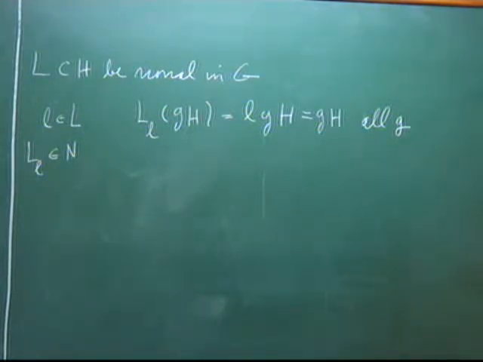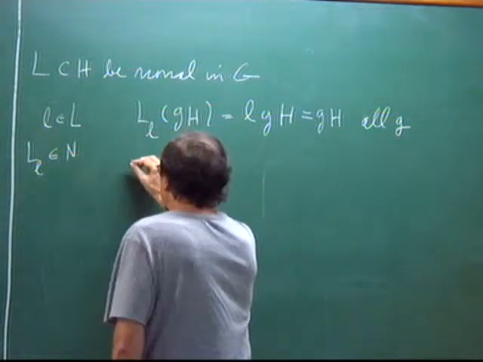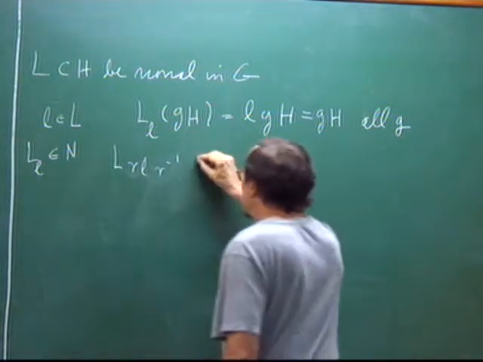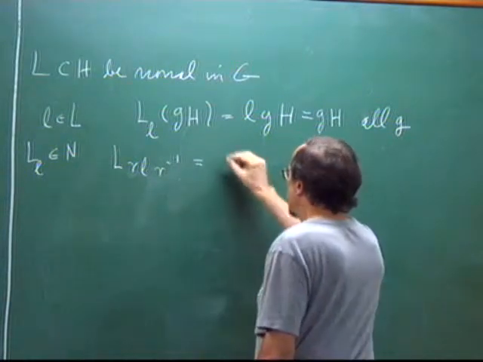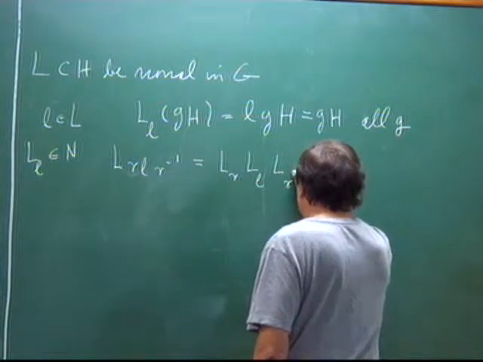Let's see, what do I have to prove? L is normal in G. Well, let's take r l r inverse. Let's take left translation by that.